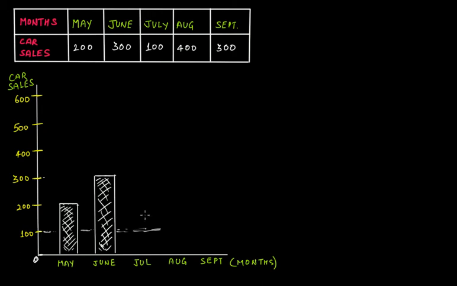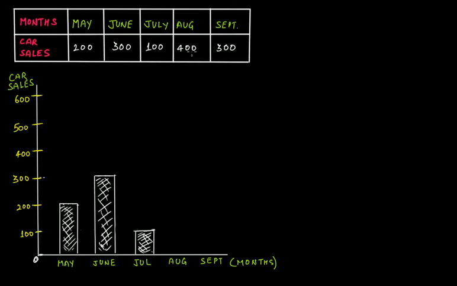You'll not make any mistake. So if you are asked to draw a bar graph or bar diagram, then always use a scale to draw this end point of the bar. That should be according to this data. So this is for the month of July.